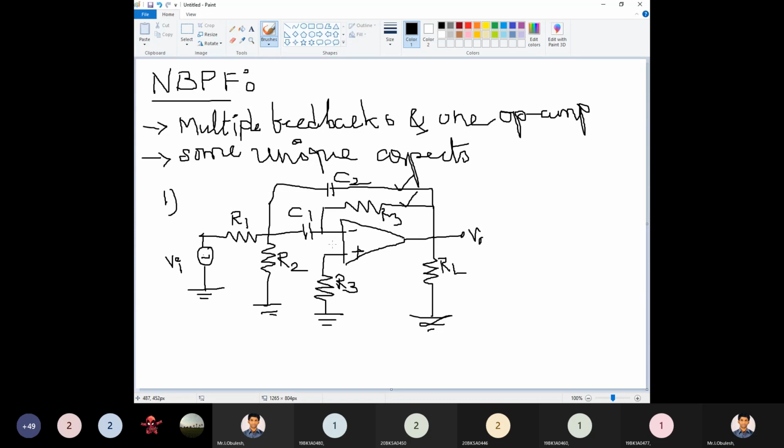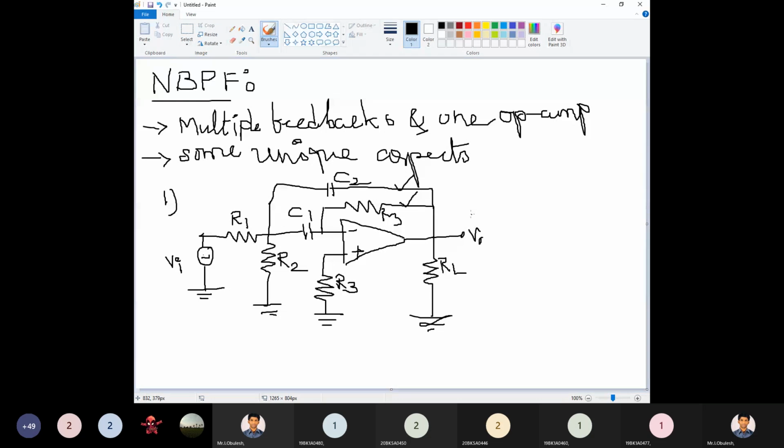Here you are applying the input signal or source to the inverting terminal of the operational amplifier. So based on that, we say the op-amp is used in inverting mode.